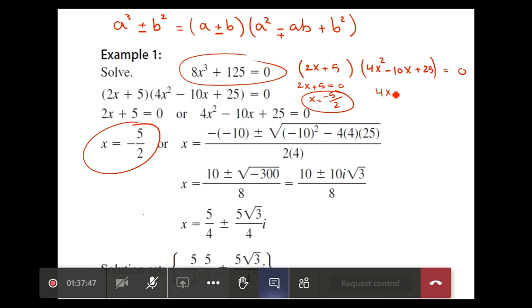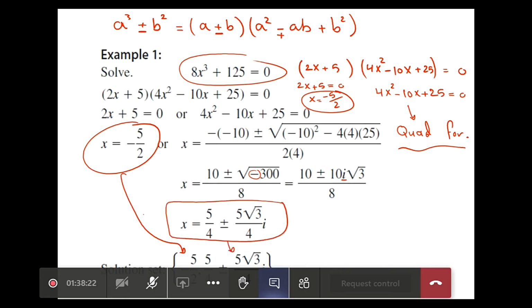Another solution comes from x squared minus 10x plus 25 equals 0, and solve it by the quadratic formula. After solving by the quadratic formula, we have negative, replace negative with i, so we have 3 solutions. The first solution, this one, the second solution, and the third solution, this one.